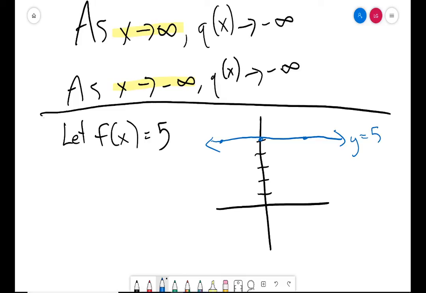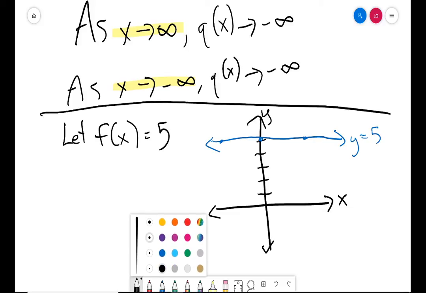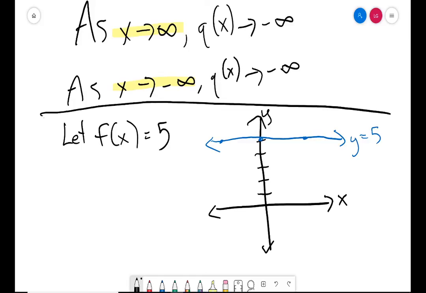So sometimes we see it labeled like that. When I'm sketching, I don't always follow through with good practice of labeling our axes, but there you go. X and Y axis, or input-output axis. Okay, it's a horizontal line.